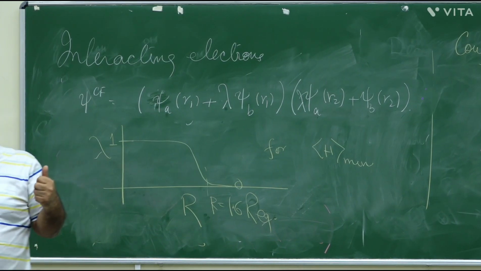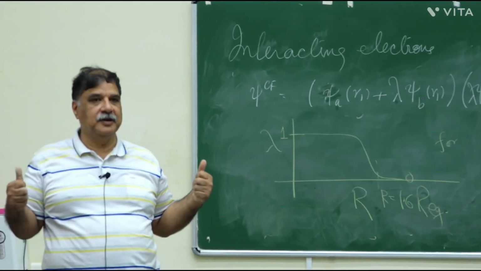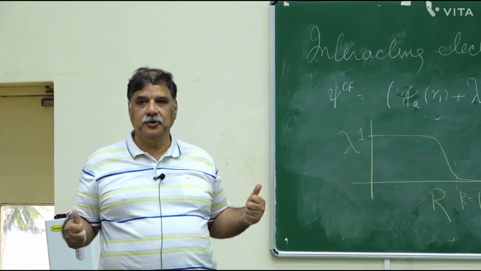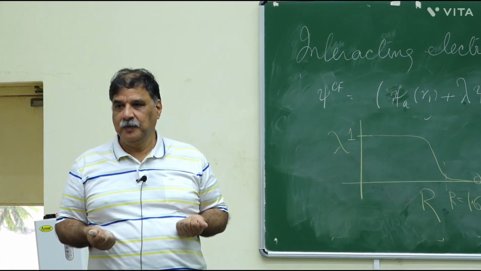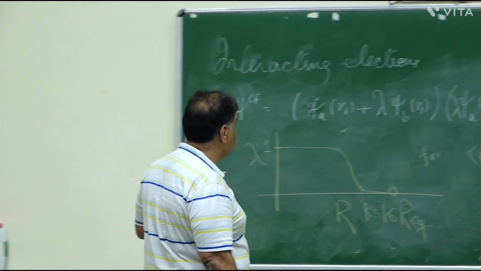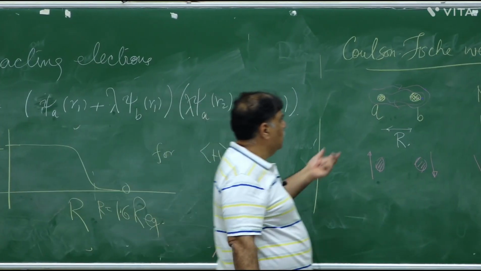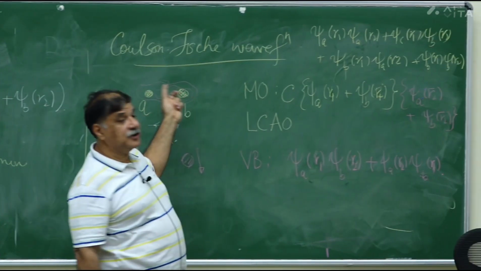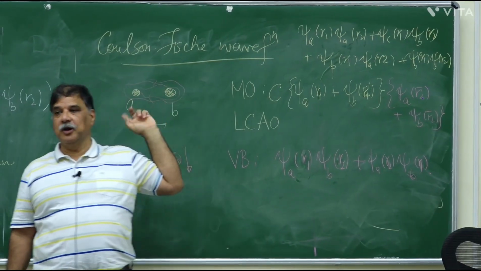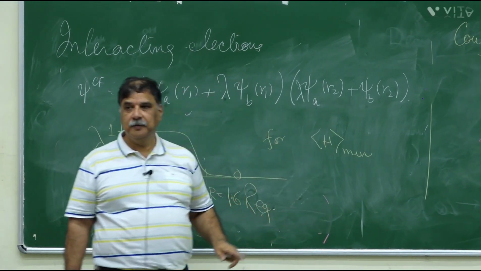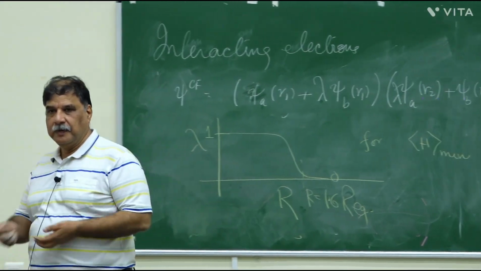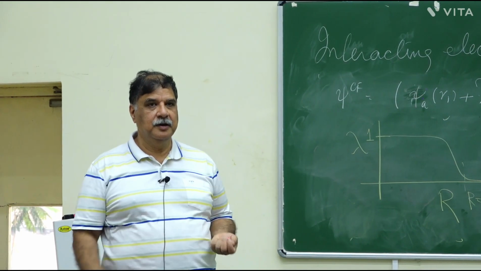So when the nuclear centers are going far apart, valence bond is good. When they are close by, molecular orbital. This is a switch from electrons which are moving around, which are delocalized in MO, to a system where they are localized. Is the idea clear?